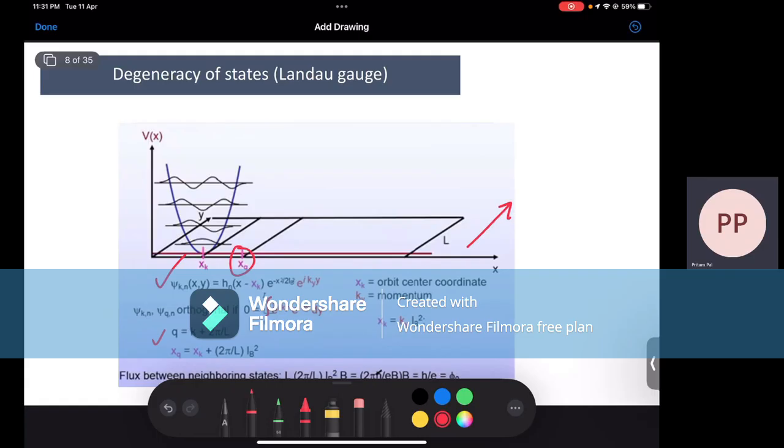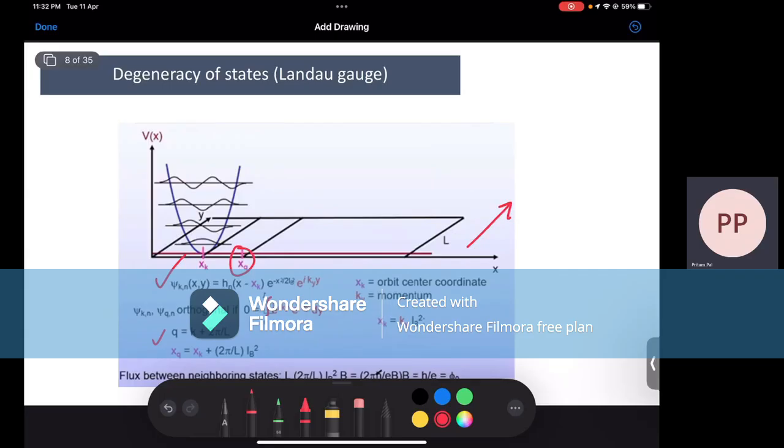I can then calculate how much magnetic flux passes through this area. Well, I know the geometry of this. It has a length of 2 pi over L for the strip, and it has a depth of L on the board. That's the area, right?